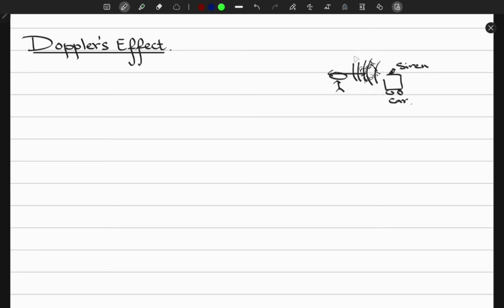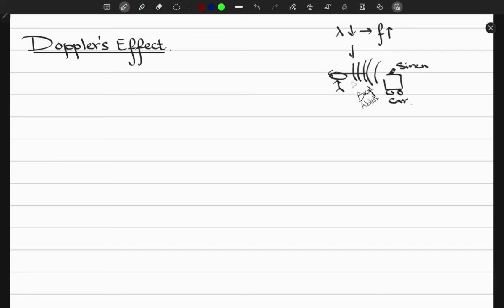What that really means is that at this point the wavelength will start decreasing, which means the frequency of the sound waves increases. And that's why when the car approaches right by you, you hear the siren at very high frequencies. You must have noticed that.